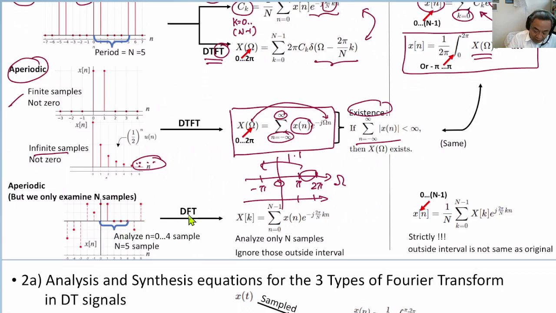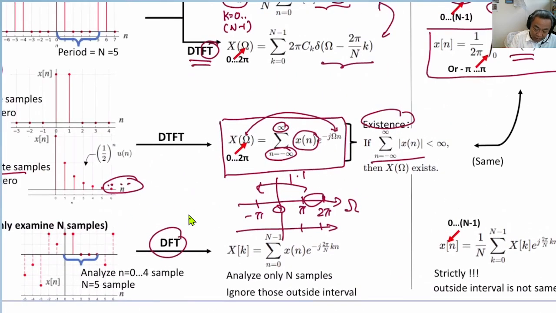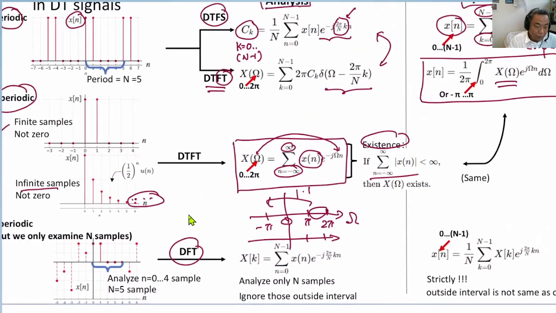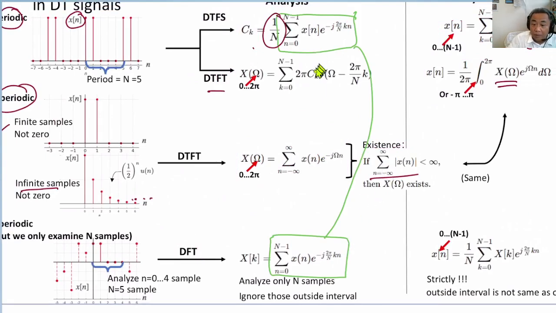Well, the DFT equation, discrete Fourier transform equation, if you compare the DTFS equation, which is summing n equals 0 to N minus 1, this expression here, versus this expression here, they are identical. So the DFT and the DTFS are the same here, except the DTFS will scale by 1 over N, while the DFT doesn't.